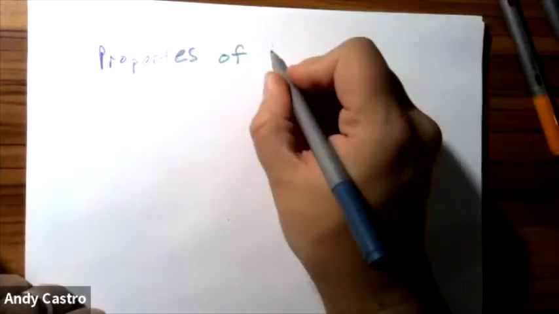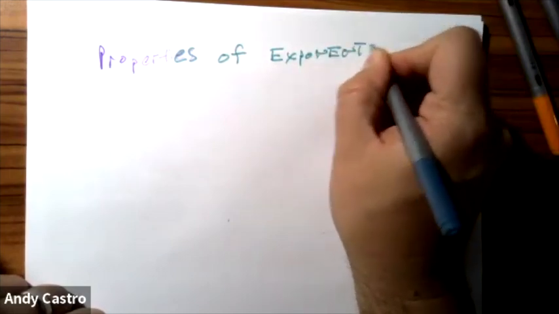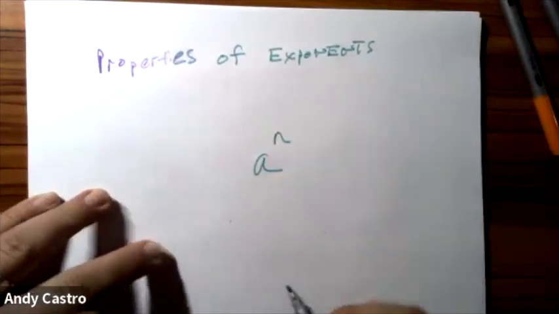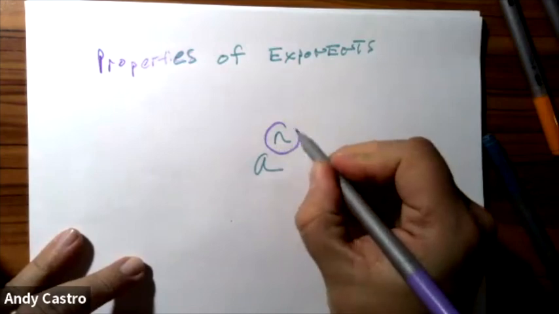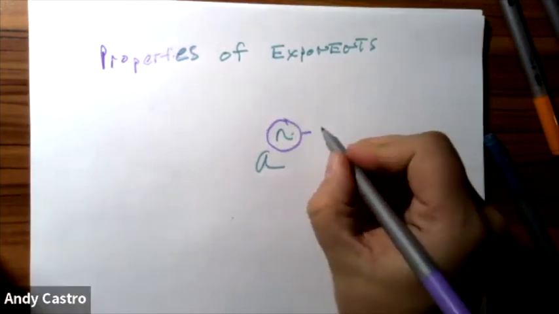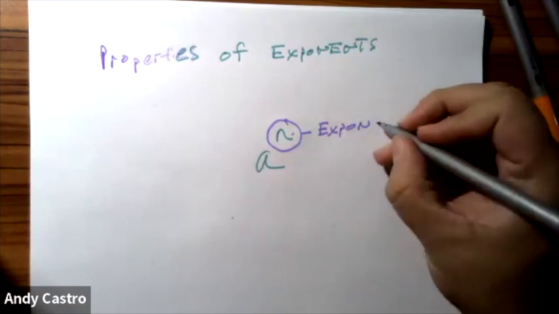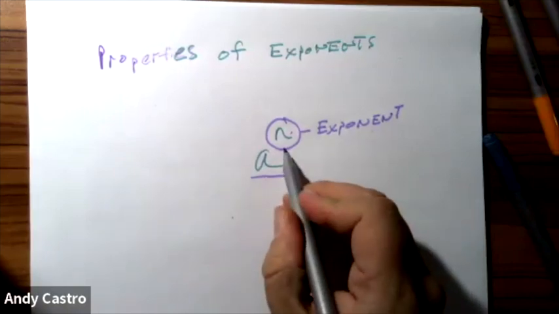Properties of exponents. So let's do a small review. If we have a number raised to a power, this thing up here is called the exponent. This is raised to the power of n, and it raises the base.